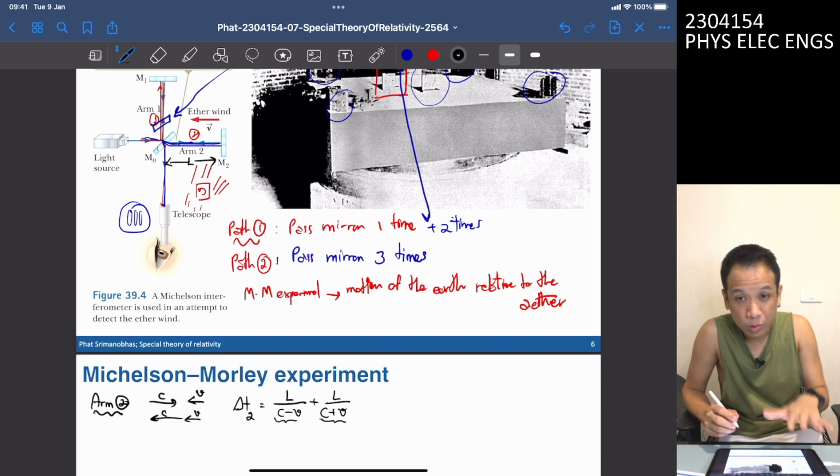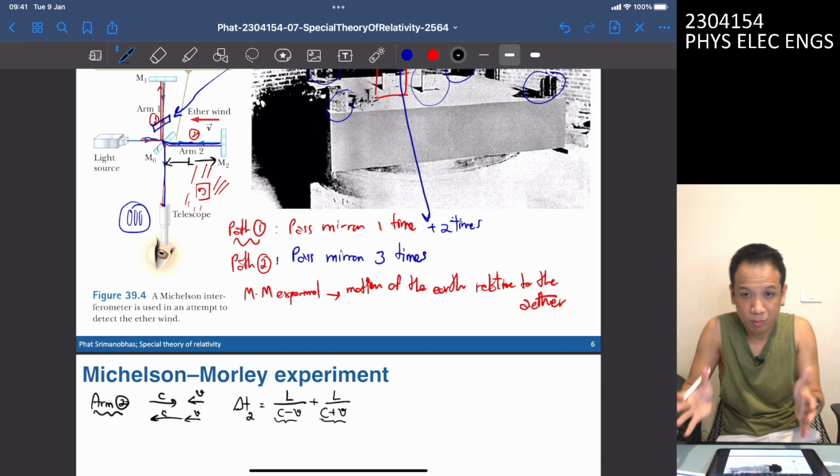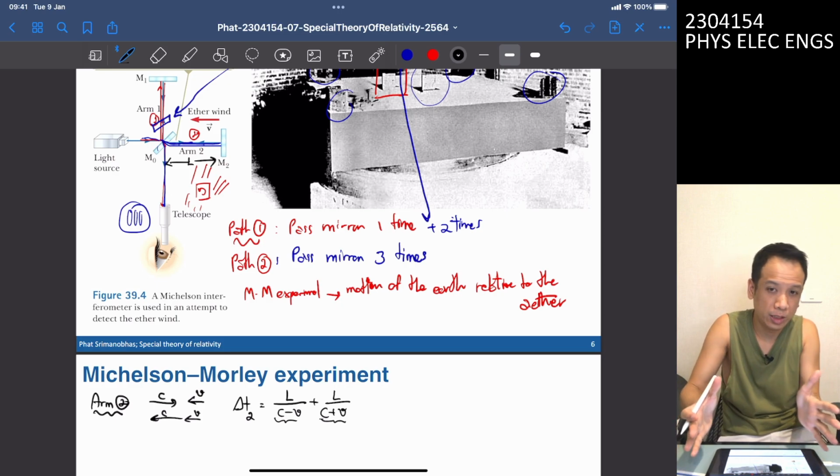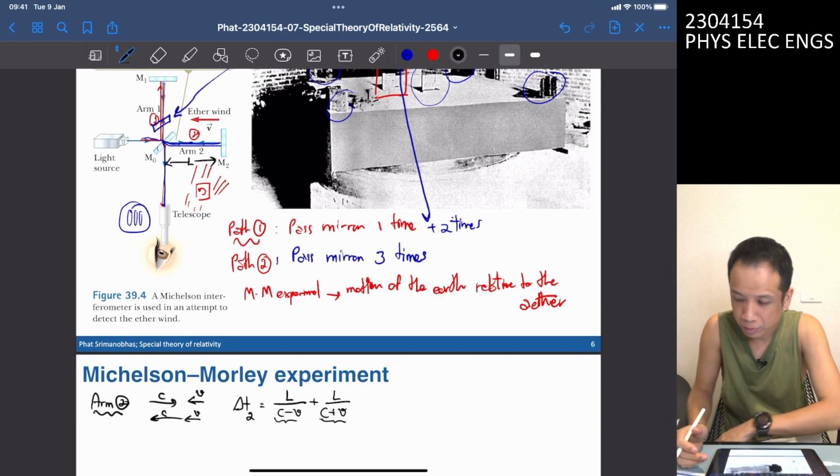Again, since we don't know what we are trying to measure, it's not just one setting, so they need to rotate and do the experiments in all directions.